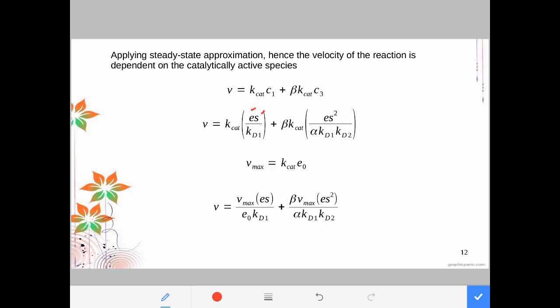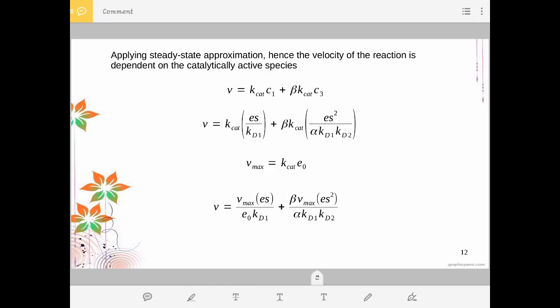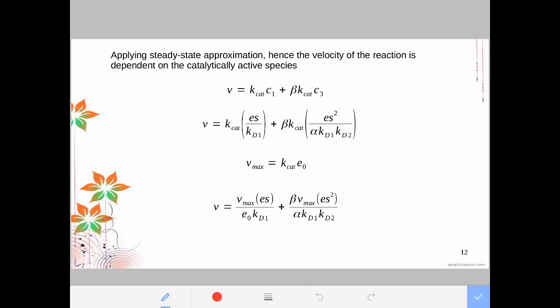So we can say that Vmax is equal to k-cat times E0. This is from the first video lecture, so I'm no longer going to reiterate what I said there. We have this equation, Vmax equal to k-cat times E0, same as before. So we rewrite this in terms of k-cat, substituting k-cat with Vmax over E0.